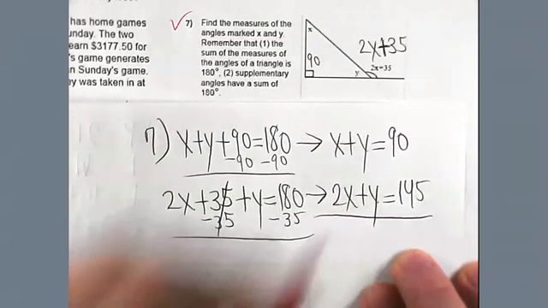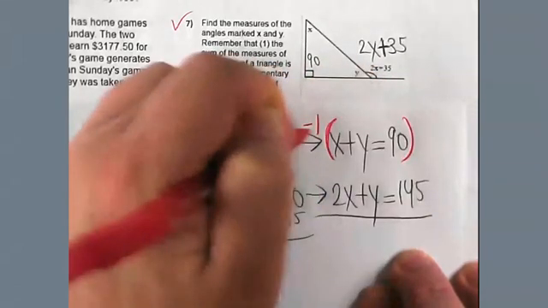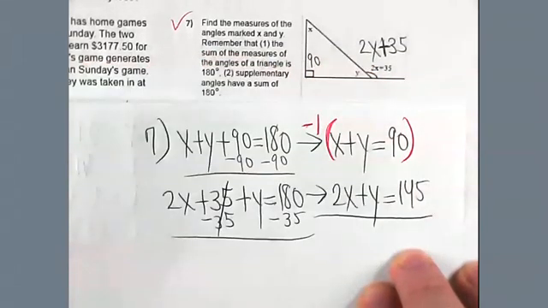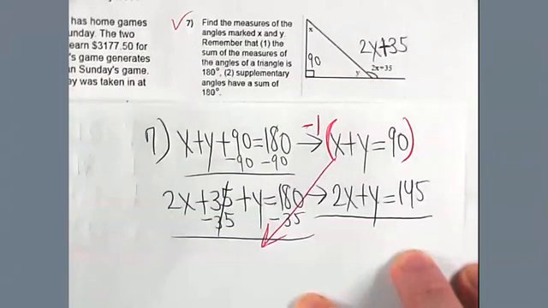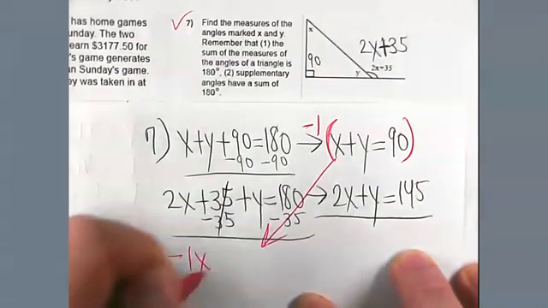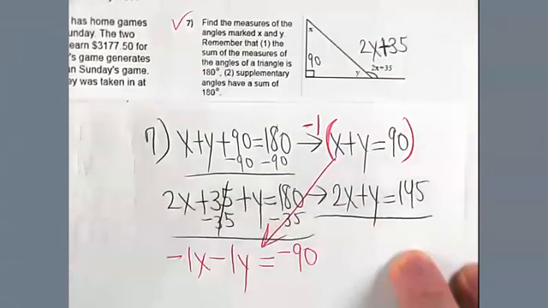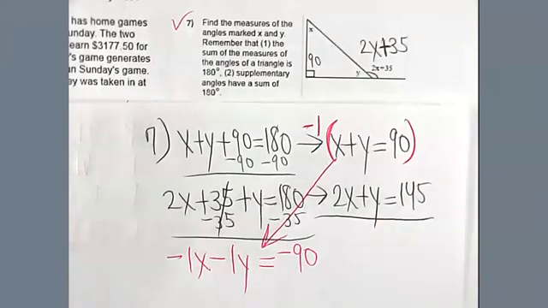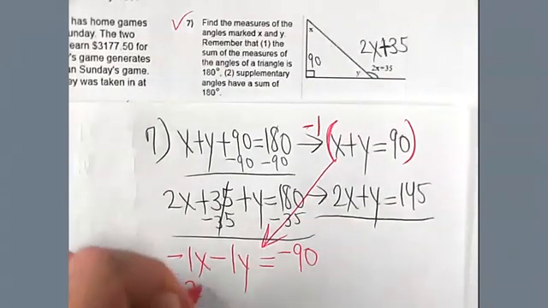I multiplied the first equation by negative 1. So down here we now have negative 1x minus 1y equal to negative 90. Bring down the second equation.